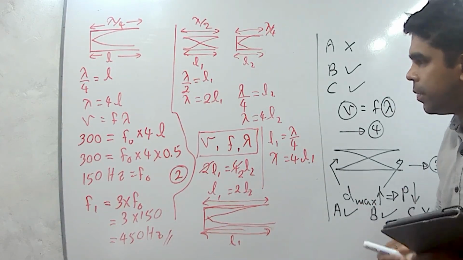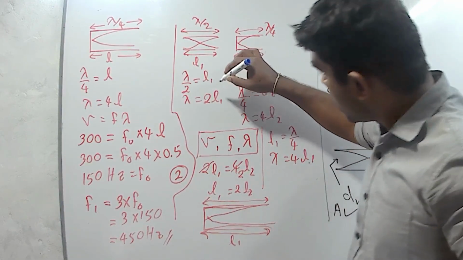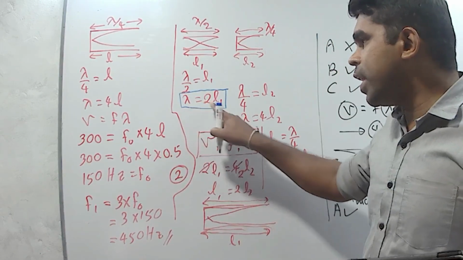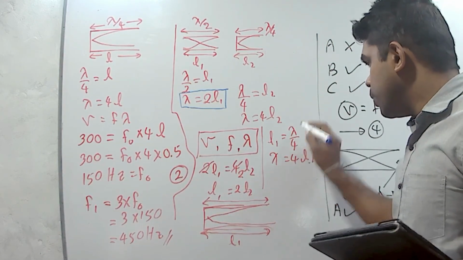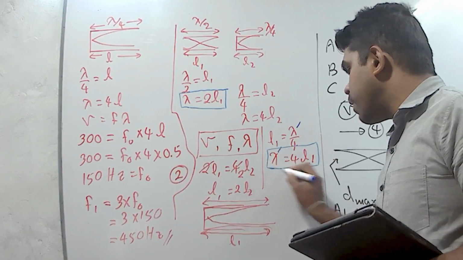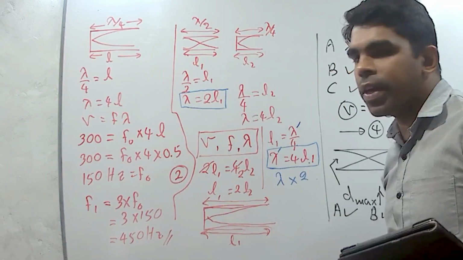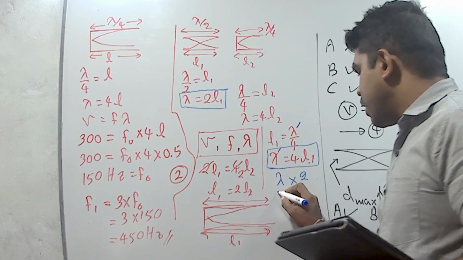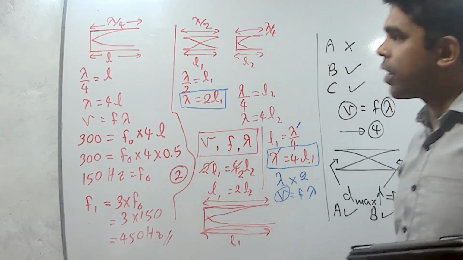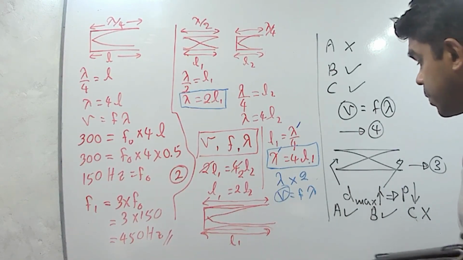We can compare wavelengths. In the previous situation, the wavelength is 2 times L1. Now I will consider the wavelength as lambda dash. Lambda dash is 4 times L1. It means the wavelength should be twice the previous one. According to V equals F lambda, V is always constant for this problem because it is the speed of sound in air.